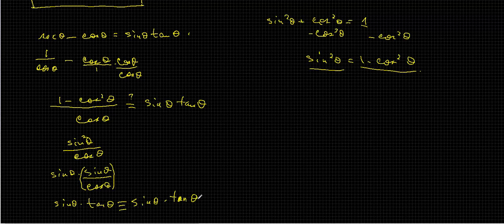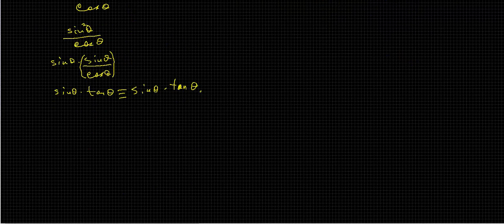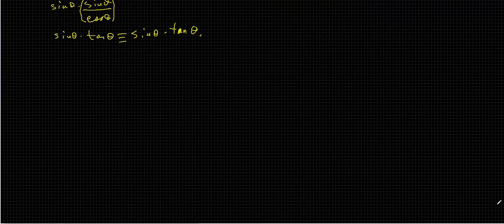Okay, so again, identities can be a little complicated. However, if you take your time and start with the most difficult side first, and then move on from there, they're not so bad. Let's try another example.